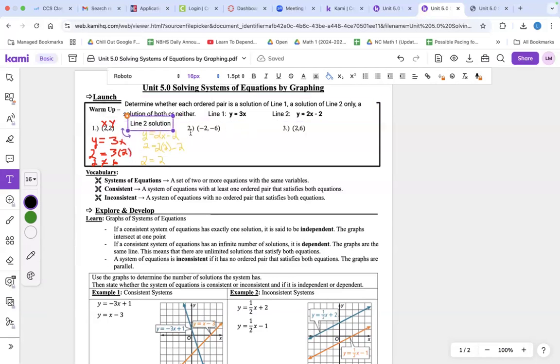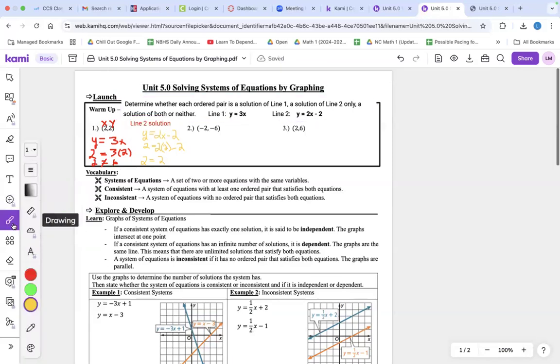All right, now let's go to this one. -2, 6, and -2, -6. So once again, we're going to plug in line 1. We have y equals 3x, and I'm just going to drop down here. So I have y equals 3x. Plug in.